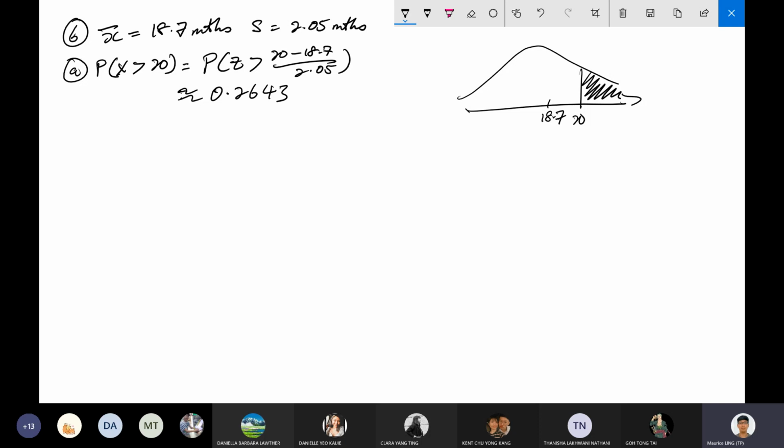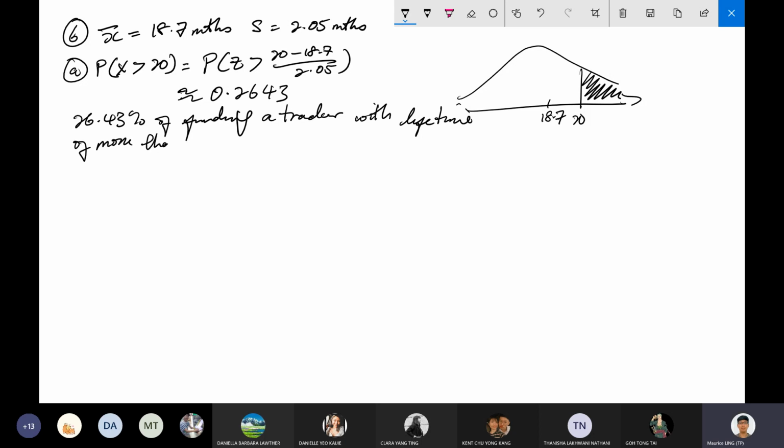Okay, so you have a 26.43% chance of finding a tracker with a lifetime of more than 20 months.